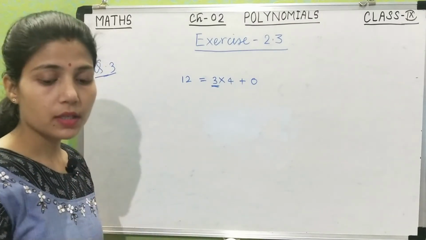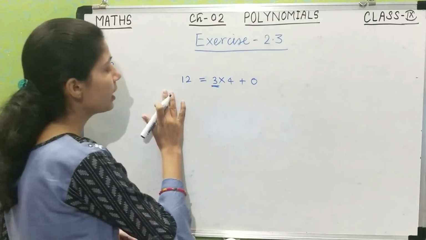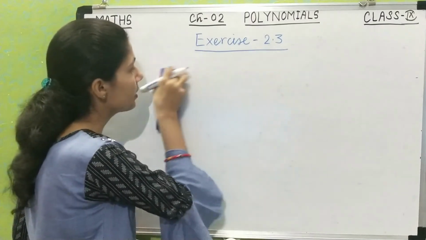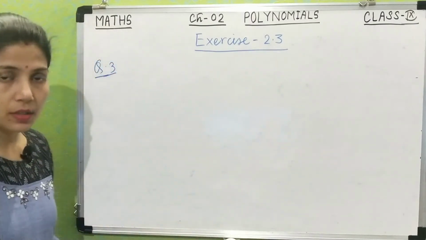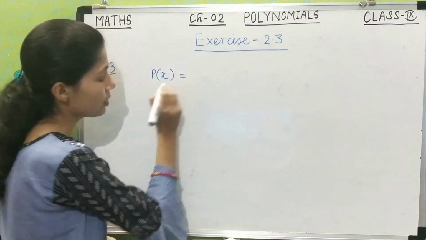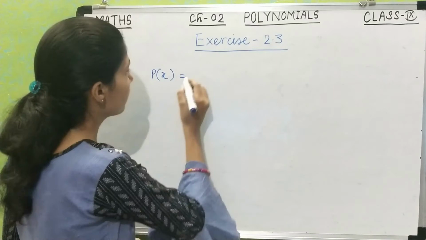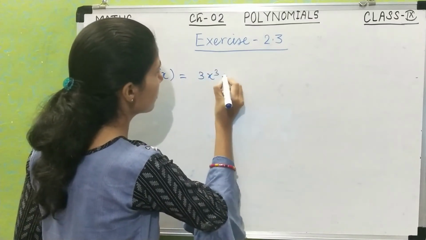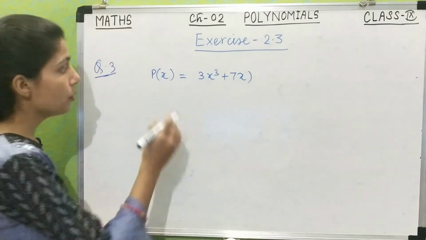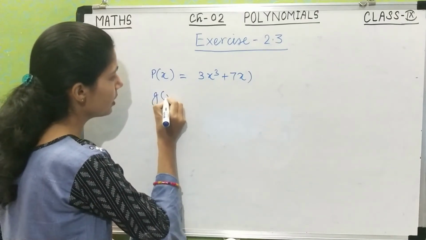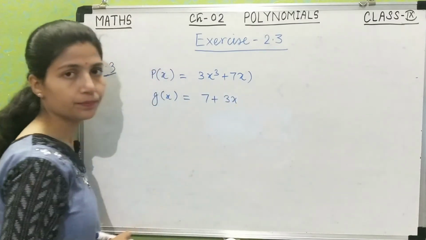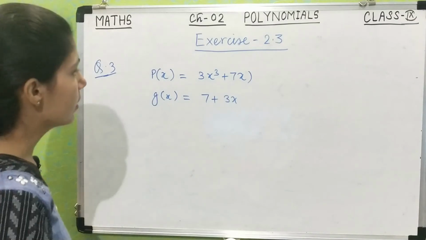So the same case is here. Here we have to check whether the given divisor is a factor of the dividend. So the dividend is p(x) equals 3x cube plus 7x, and you are dividing it by, suppose, g(x), that is 7 plus 3x.